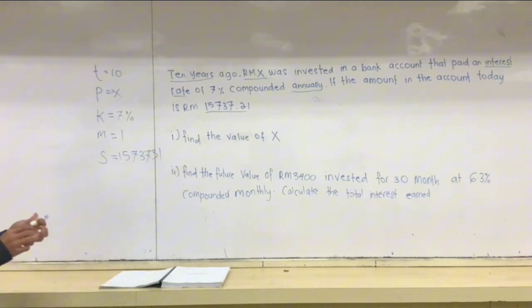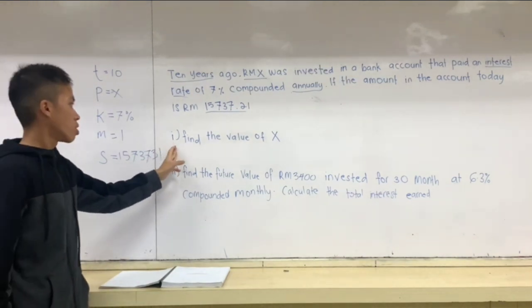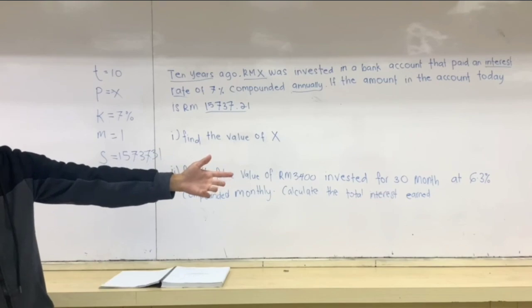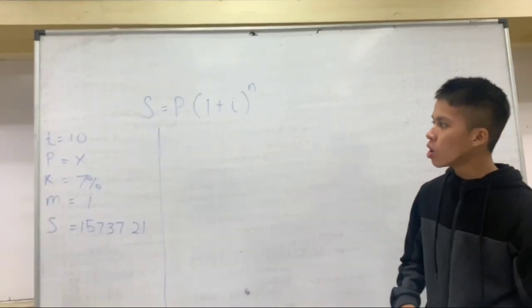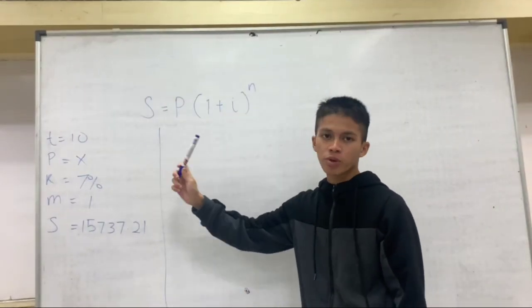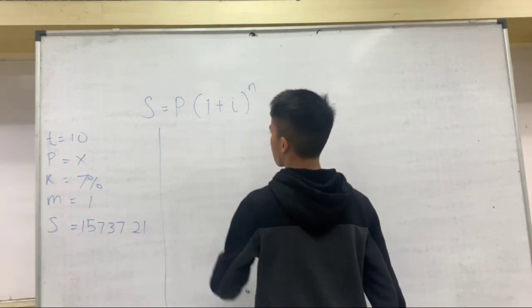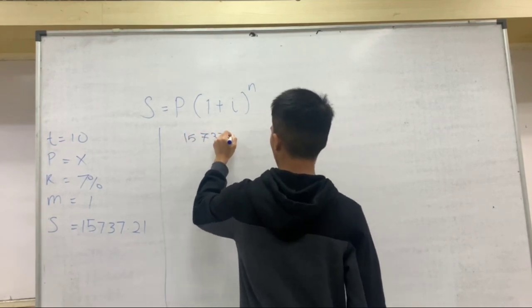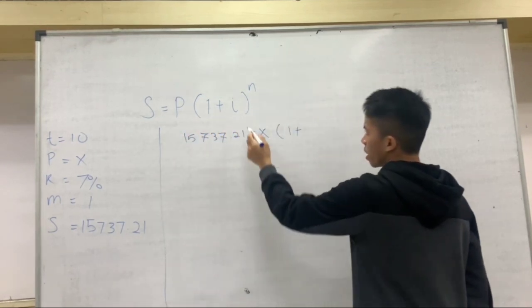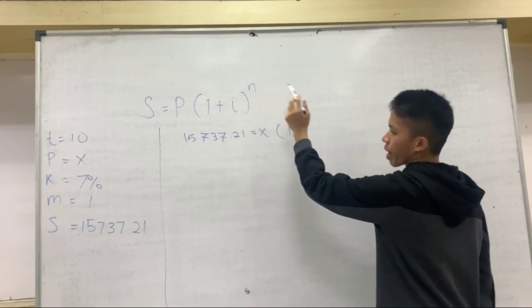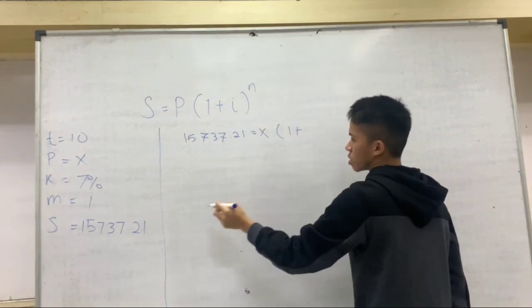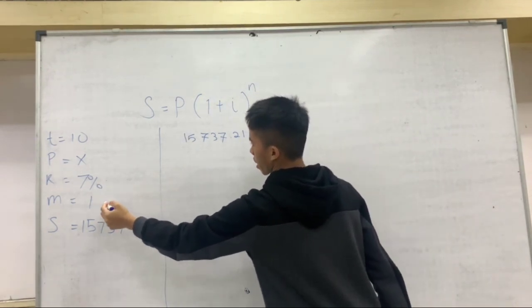So to answer this question, we will continue to this one. All of the information we get from the situation, we will insert into this formula. i is k per m.